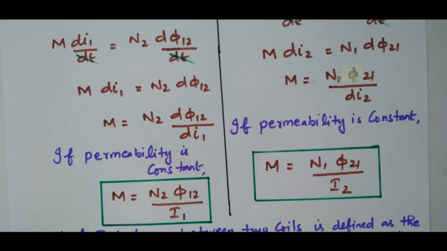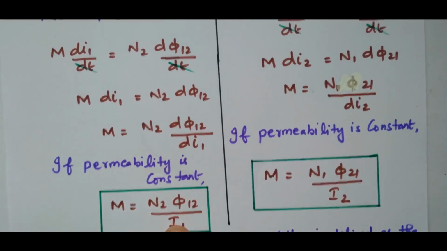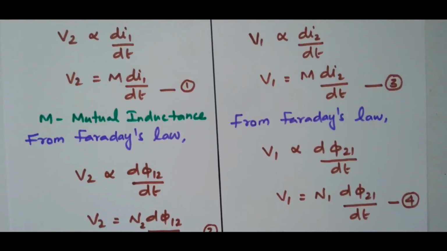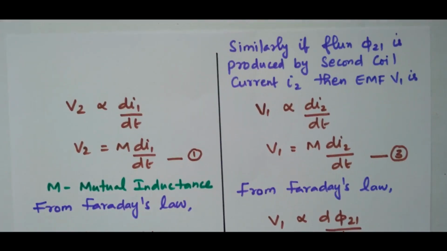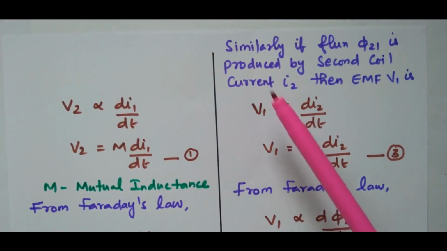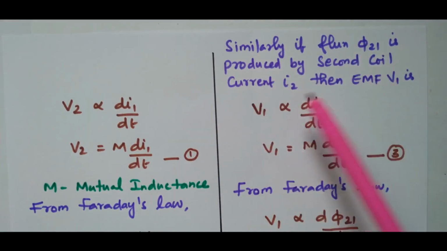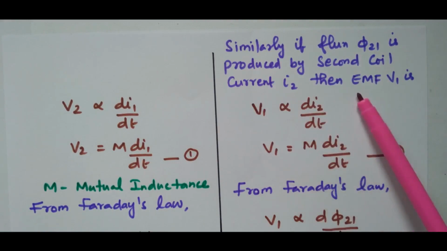So we got one expression. Suppose we go in reverse order. Suppose coil 2 is energized by the AC voltage and EMF is induced in the first coil. Then what will happen? We'll follow the same derivation. Similarly, flux φ21 is produced by the second coil, current I2, and EMF V1.